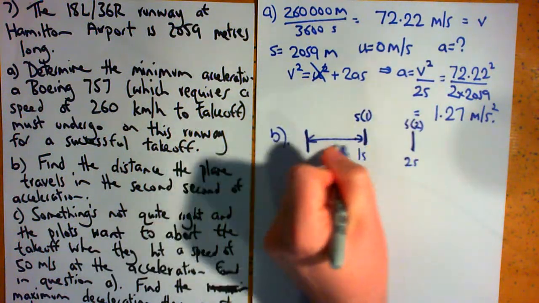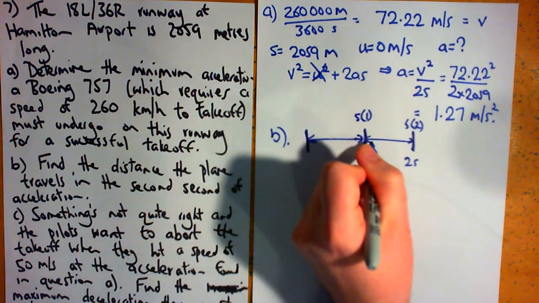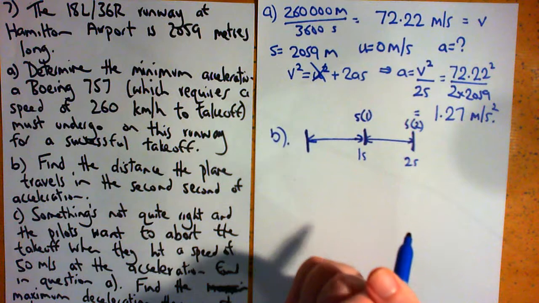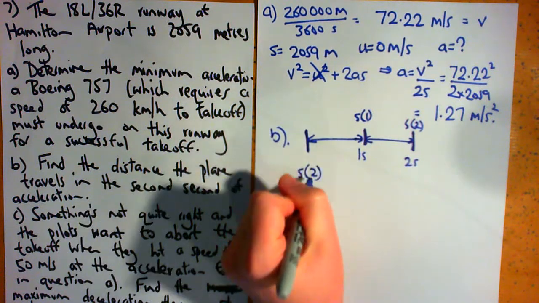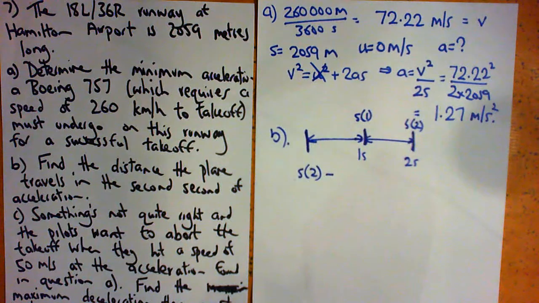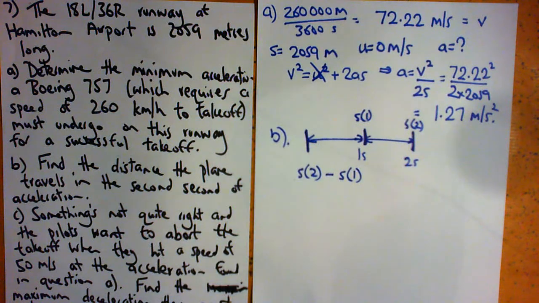The distance it travels in the second second is s of 2, the total distance after 2 seconds, minus what it had travelled before the beginning of the second, in other words, minus what it had travelled after 1 second.